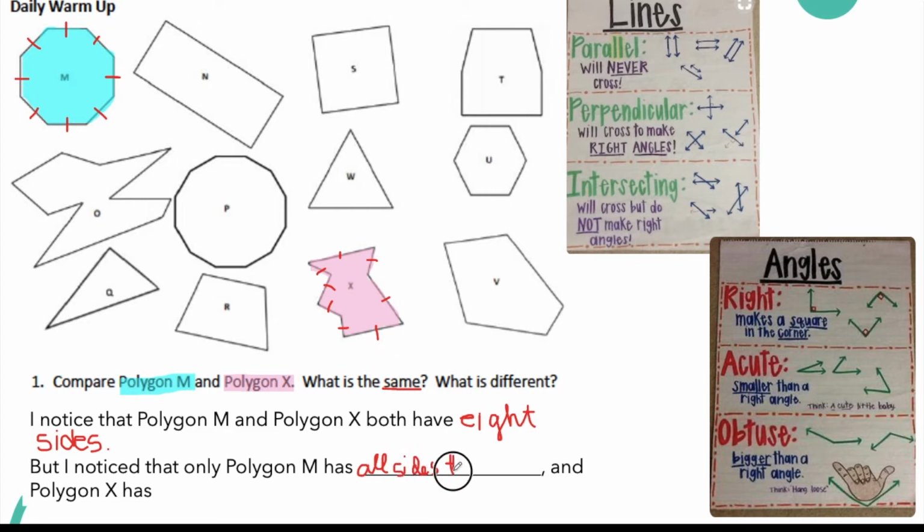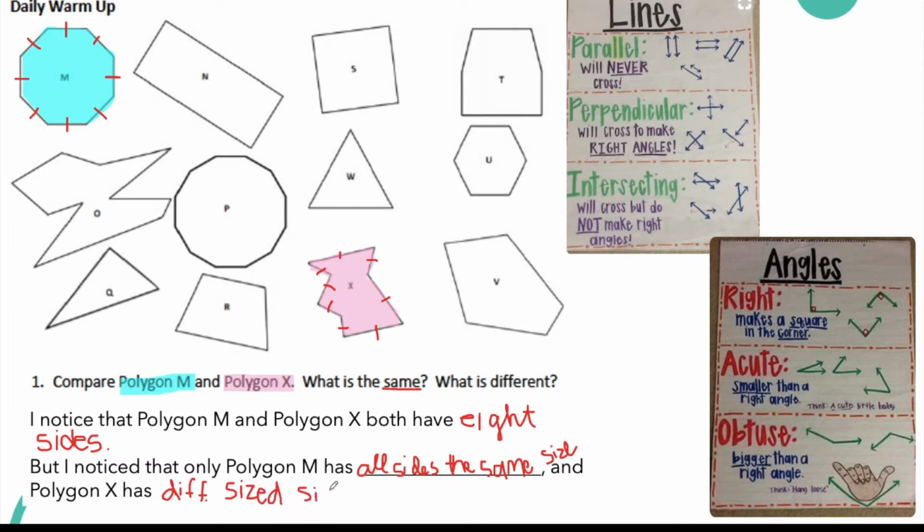I didn't leave enough space for myself. And polygon X has different sized sides. It's funny to say those two words right after each other. I'm going to write the word diff because my finger's having a hard time. Different sized sides.